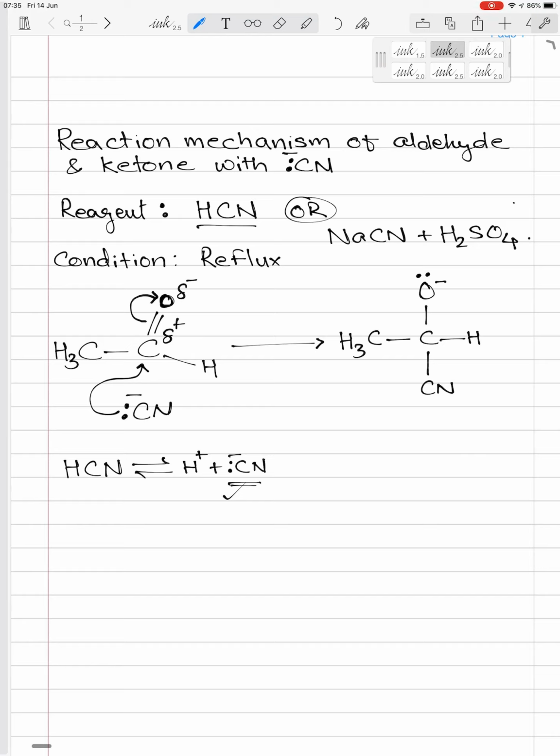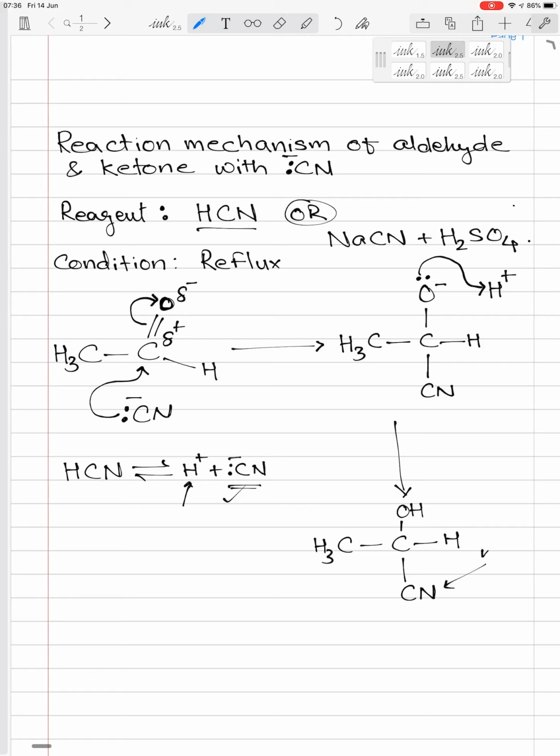In the reaction mixture, you have acidic condition, and that will give H plus ion. So that H plus is here. The lone pair of electrons gets attracted towards the H plus, forming the compound which has got an OH group, and it has got the CN group, which is called a nitrile group.